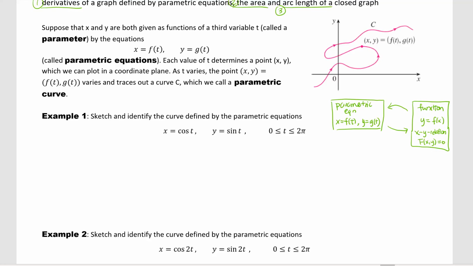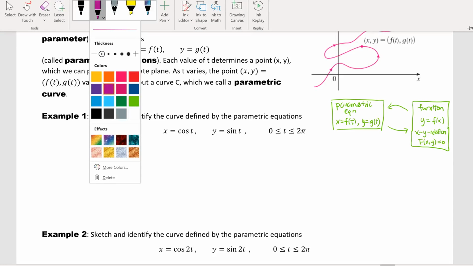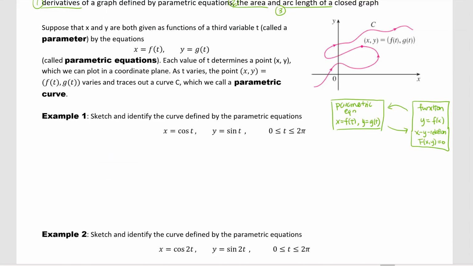So example 1, we're given the parametric equations. How do we find the function or the xy relation and identify the curve defined by that? x equals cosine t, y equals sine t. Well, think about that. What's the relation between sine and cosine? The trig identities, right?